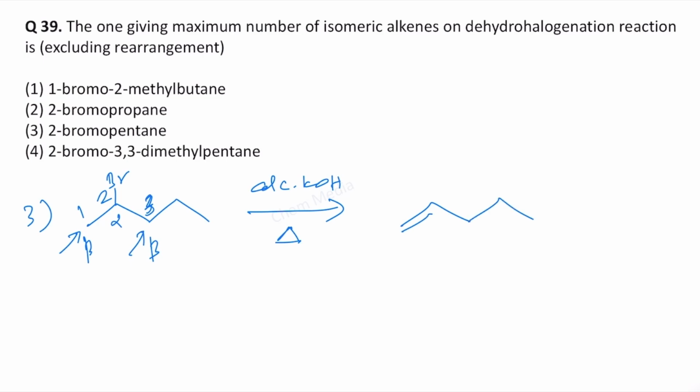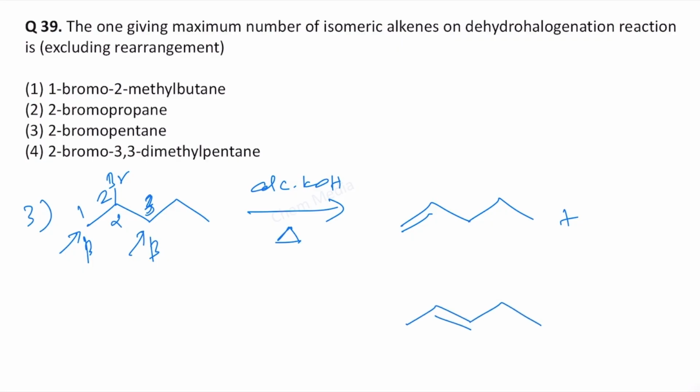But if the dehydrohalogenation happens by utilizing the beta hydrogens at position 3, then we would get 2 products, because pent-2-ene is what we will get, but pent-2-ene can exhibit geometrical isomerism. Therefore it will be in 2 forms.